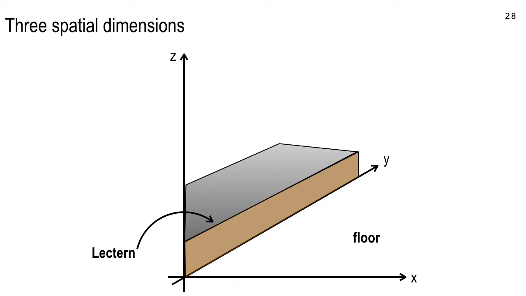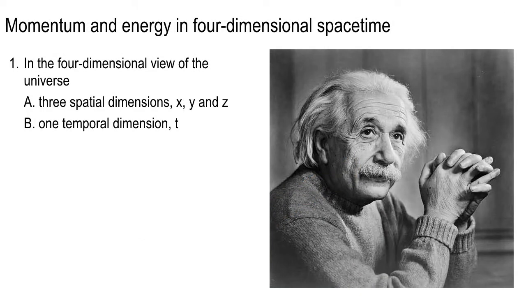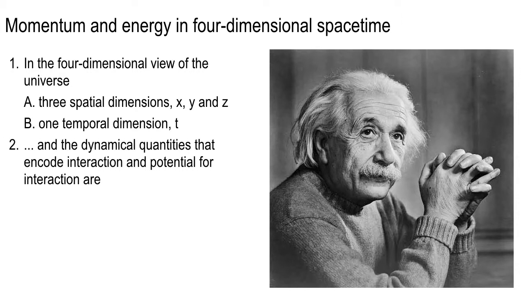Although it's at right angles to the z-axis, you can't really walk along the x-axis because there are usually stairways in the lecture hall, except at the very bottom. So this would be the three spatial dimensions. Now the temporal dimension t you would measure with a clock, a watch, or a timer of some kind.